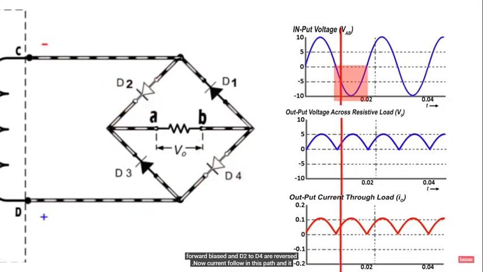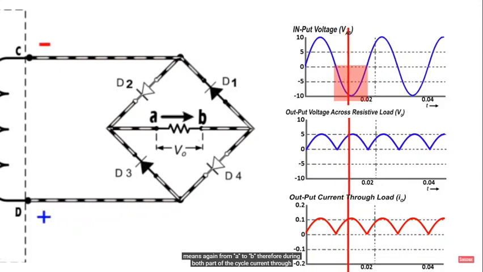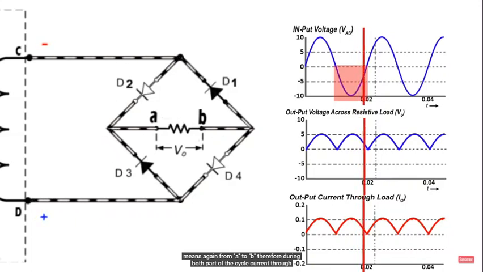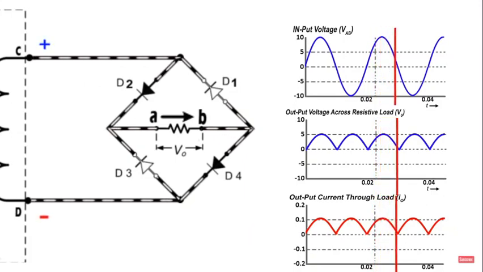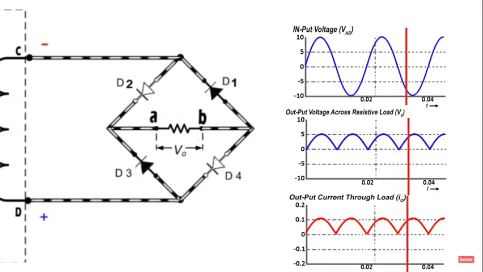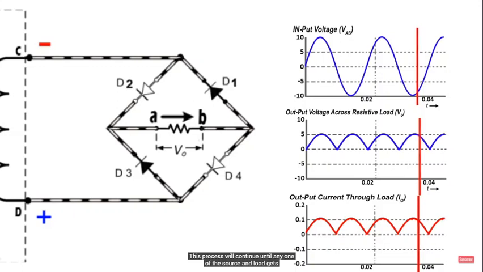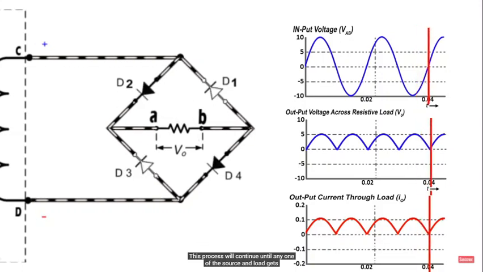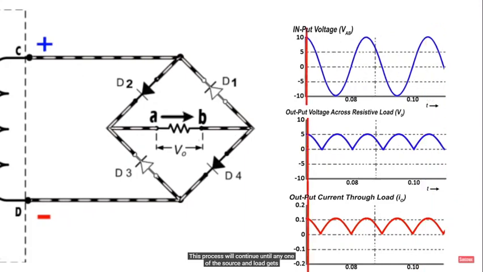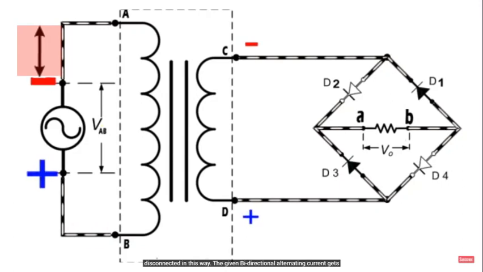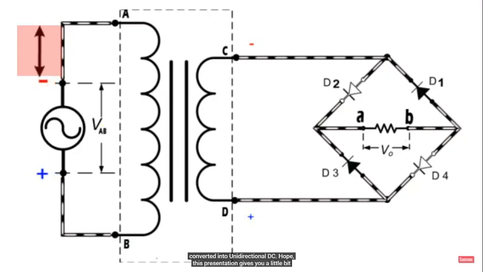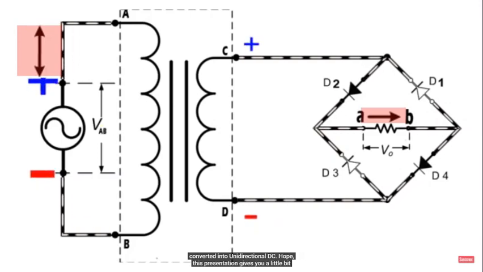Now current follows this path and it means again from A to B. Therefore, during both parts of the cycle, current through load flows in the same direction, that is from A to B. This process will continue until any one of the source and load gets disconnected. In this way, the given bidirectional alternating current gets converted into unidirectional DC.